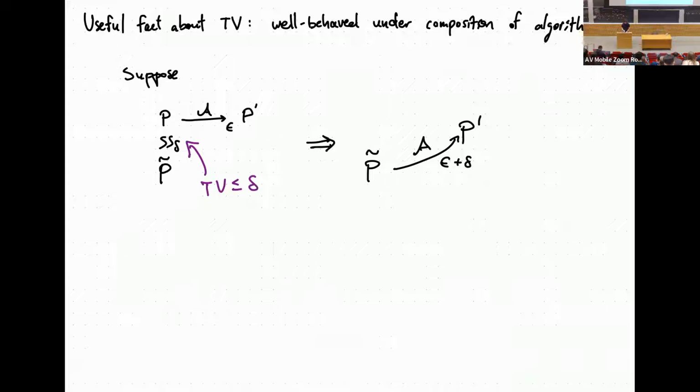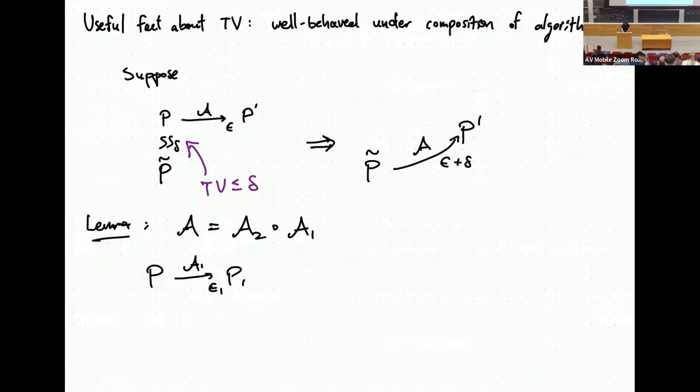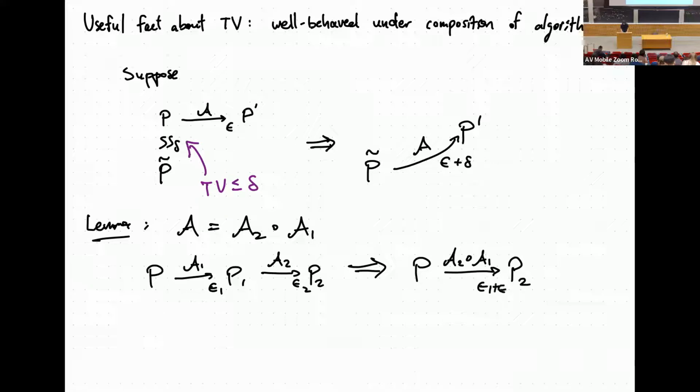All right, so there's a further consequence of that, which I'll write as a lemma, because it's very useful. So that's if A is equal to the composition of A2 and A1, and A1 maps P to P1 with error epsilon 1, and A2 maps P1 to P2 with error epsilon 2, then the composition maps P to P2 with error epsilon 1 plus epsilon 2.